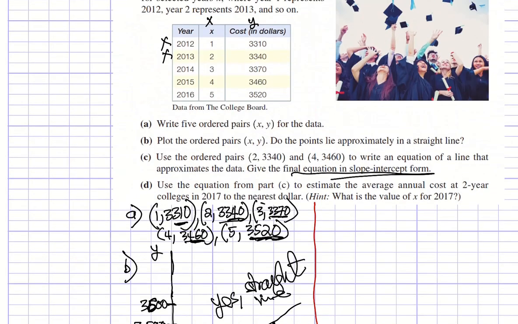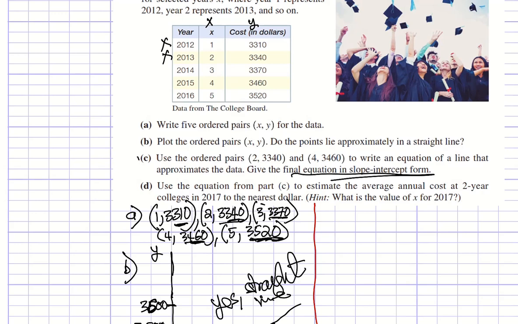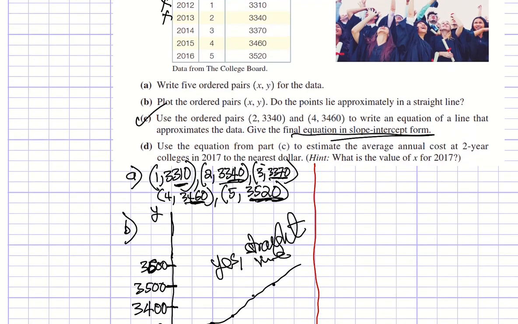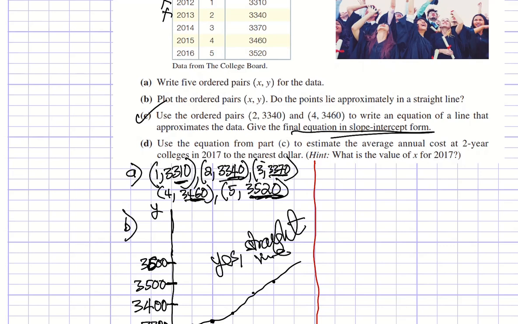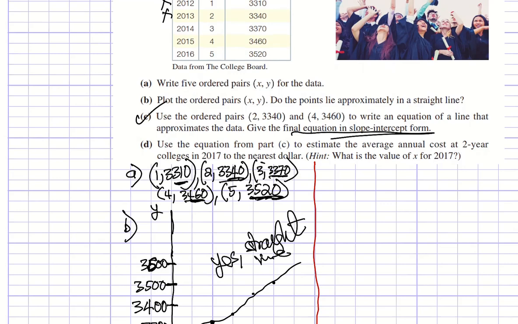So what do they want? Use the equation from part C to estimate the average annual cost at 2-year colleges in 2017 to the nearest dollar. Hint: what is the value of x for 2017?